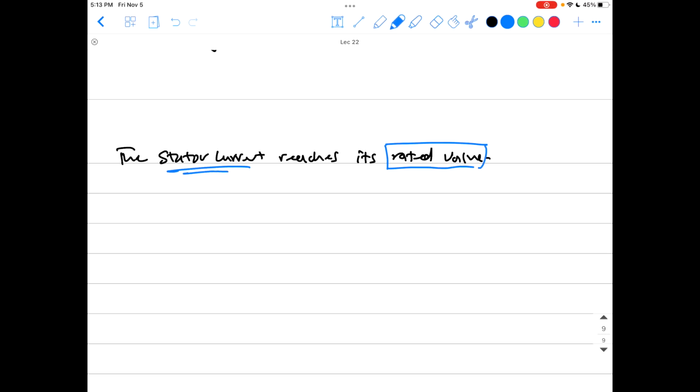That means you need to measure the voltage and the current of this machine, obviously. But keep that in mind. So let's work at I stator rated. You can find the rated value from your nameplate, like we said before. From the manufacturer nameplate stamped on the motor body itself, you can find it.